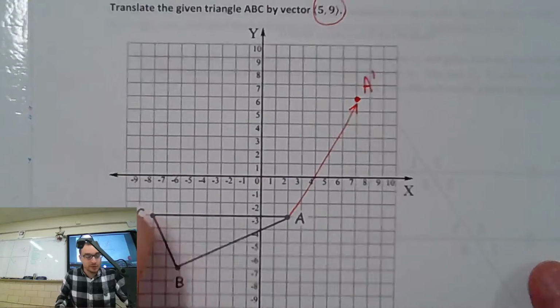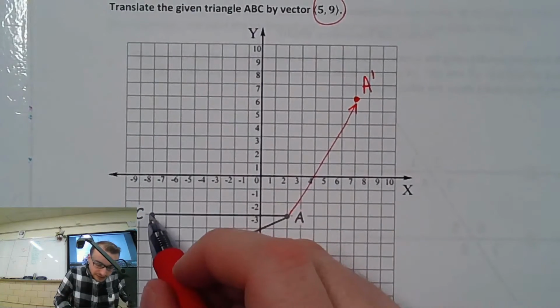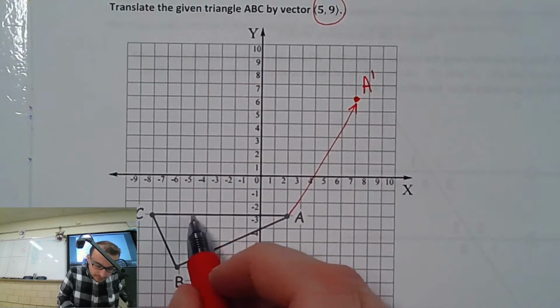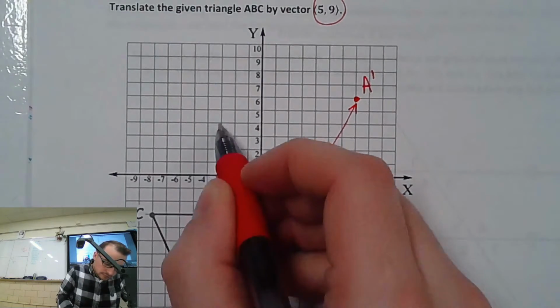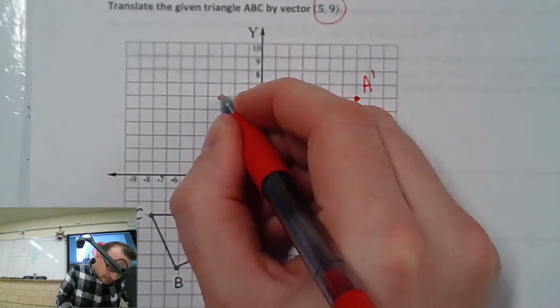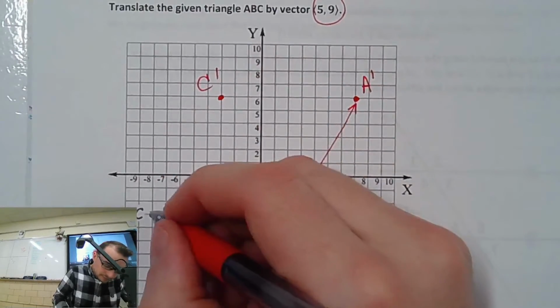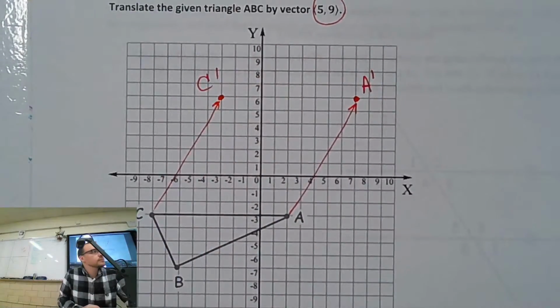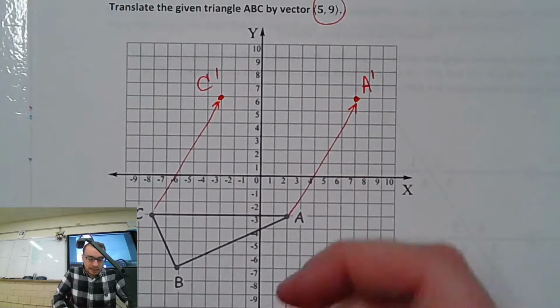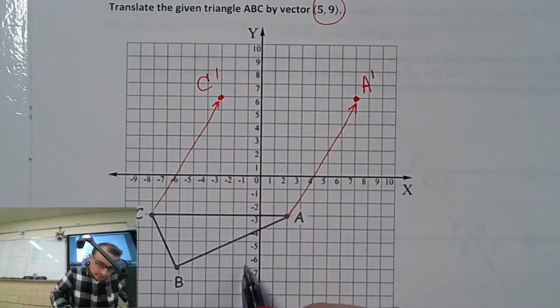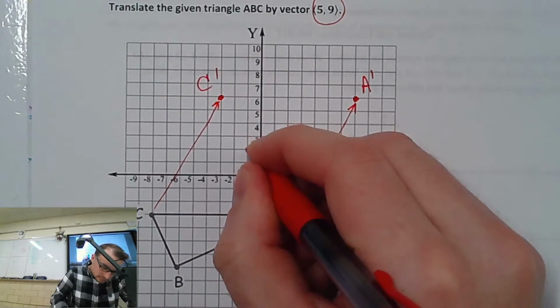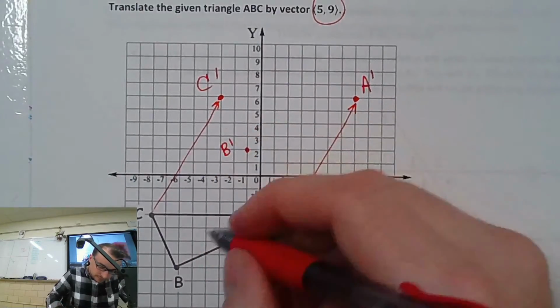We're going to do that for every single point. C, 5 to the right, and 9 up. Right here. C prime. Cool. Now let's do it for B. 5 to the right, and 9 up. B prime.